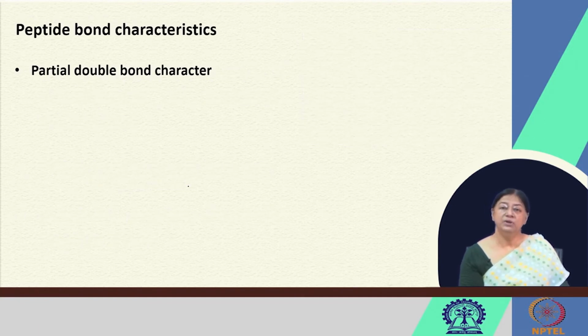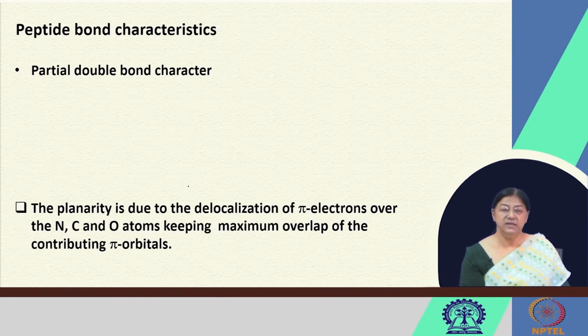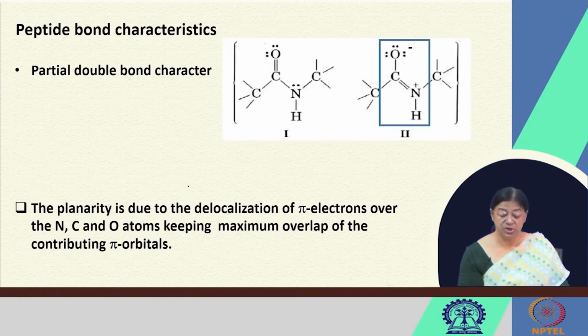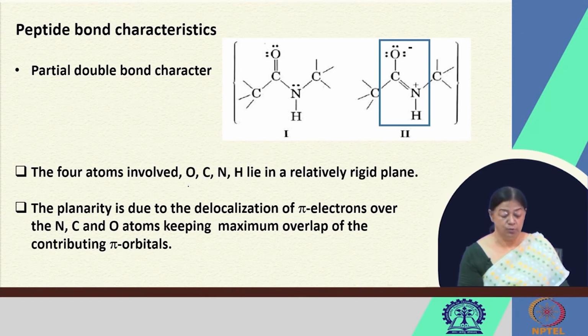So, the peptide bond characteristics include a partial double bond character, and the planarity that we see is due to the delocalization of the pi electrons over the N, C and O atoms as we saw, keeping a maximum overlap between the contributing pi orbitals. So, this is what results in the partial double bond character, which is important in its geometry and in its constraints in rotational motion.